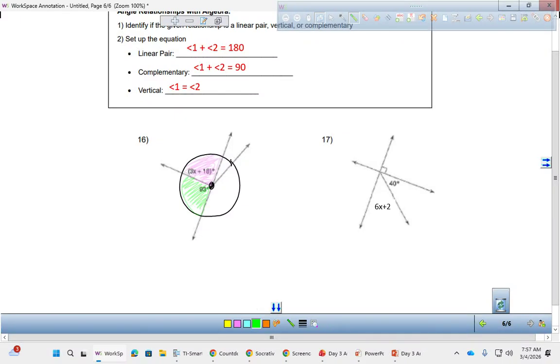Here's this slice, right? So the first part of the problem is identifying what that relationship is. So is it complementary? No, I need to see a box. Is it vertical? No, they need to be across from each other. But it does look like together these make this half circle, right? This is a semicircle. And so I would call this relationship a linear pair.